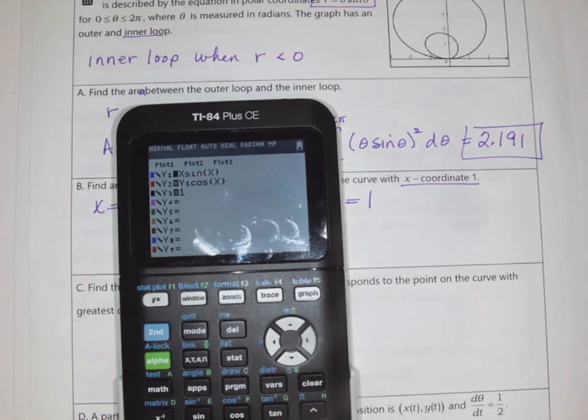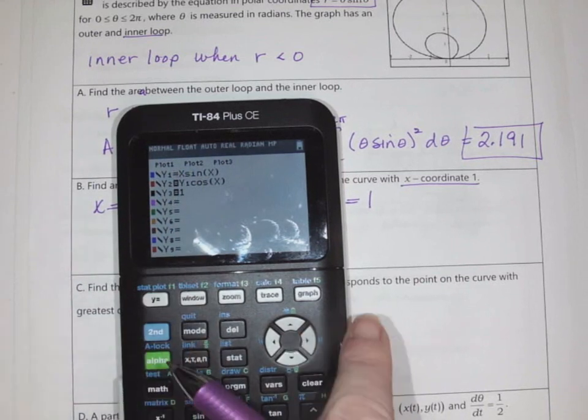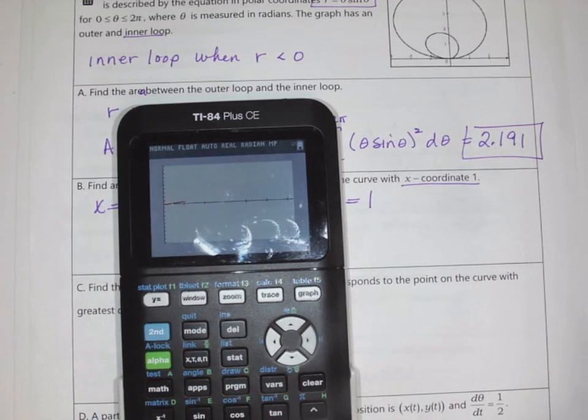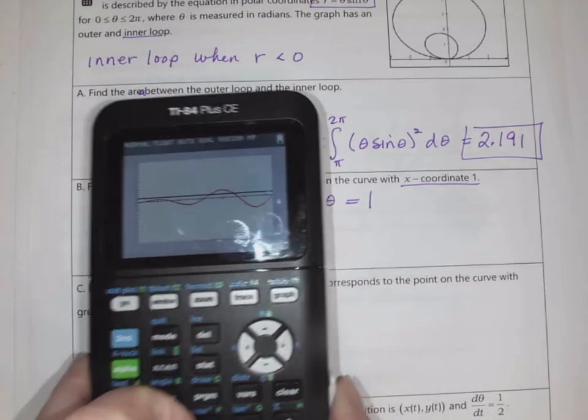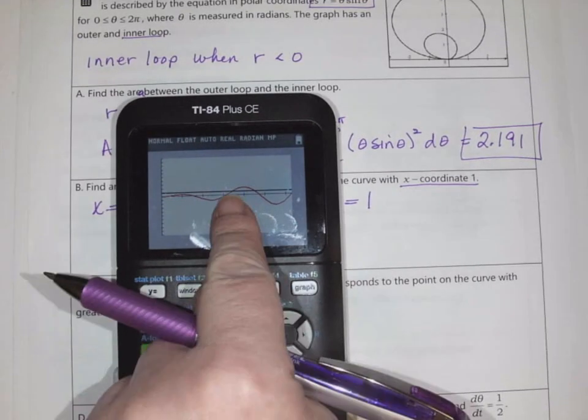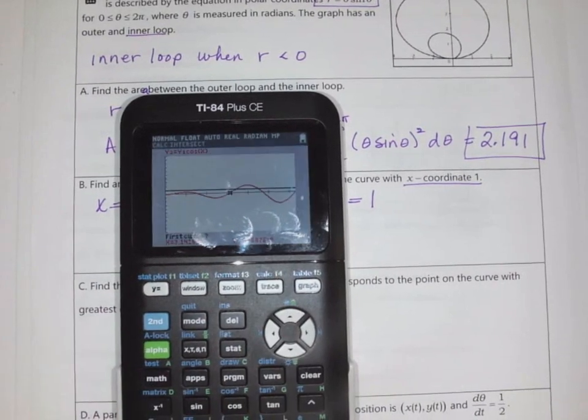Now I'm not going to graph that one. I'm going to graph those two. We got 2 of them, so I'm going to second calc 5. I was looking to see if it was the first one or the second one.